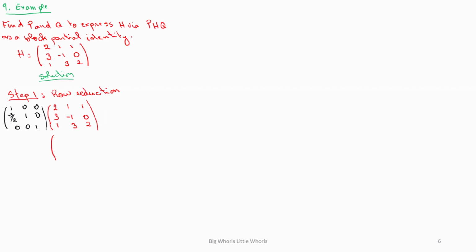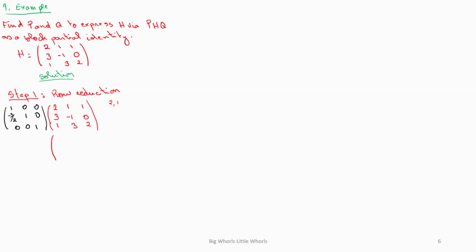I want to use the 2 to eliminate the 3. So if you remember multiplying from the left, what does the elementary matrix do? The position of minus 3 over 2 is in the second row, first column. Multiplying from the left, it takes row 2, multiplies it by minus 3 over 2 and adds it to row 1. That's what we want, Gauss method.